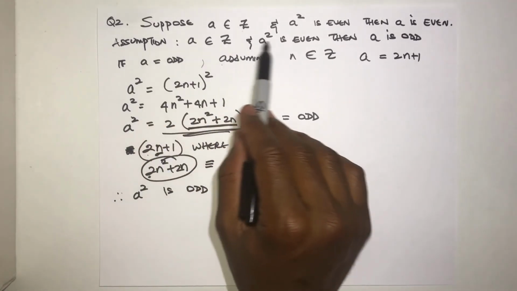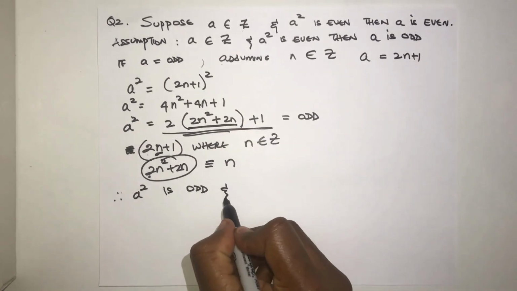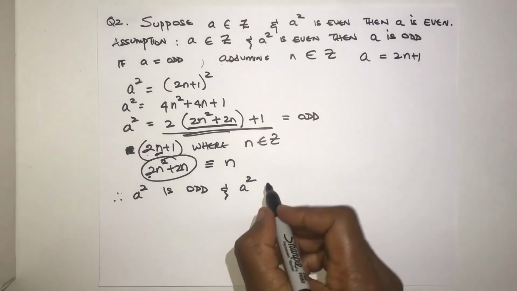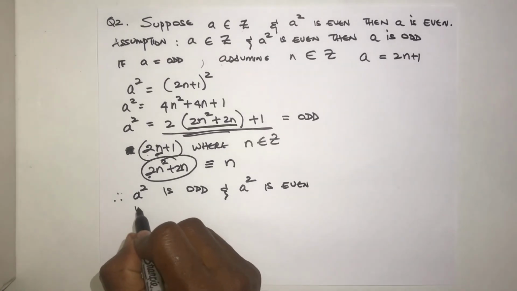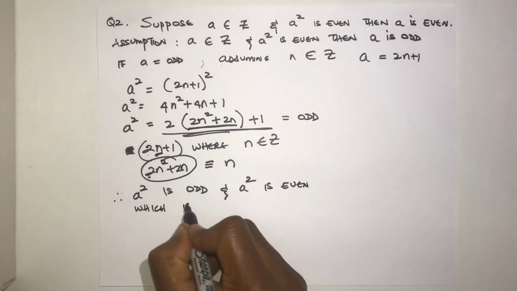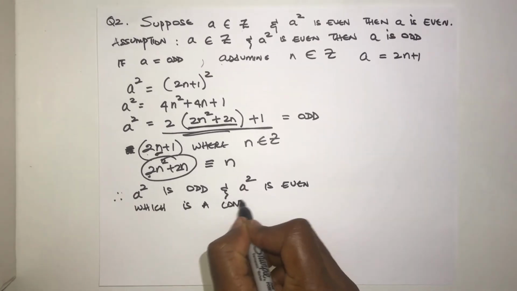However, in the assumption, a squared is even, which is what? A contradiction.